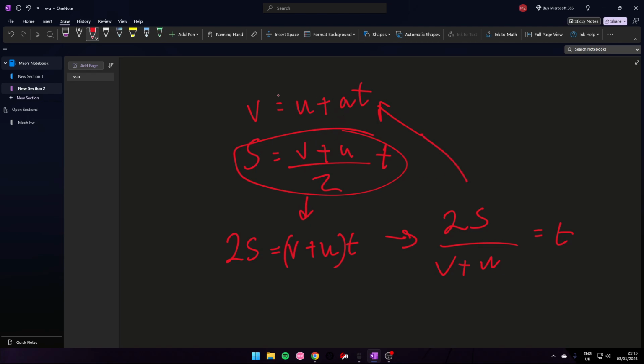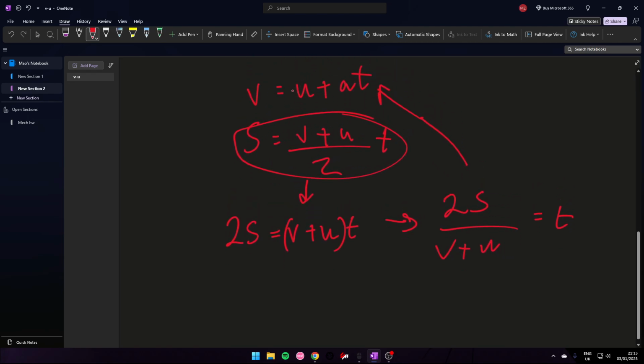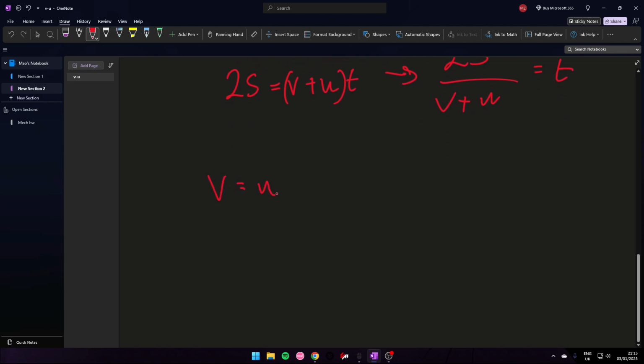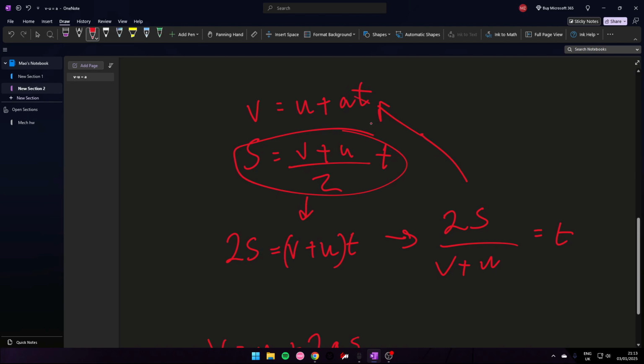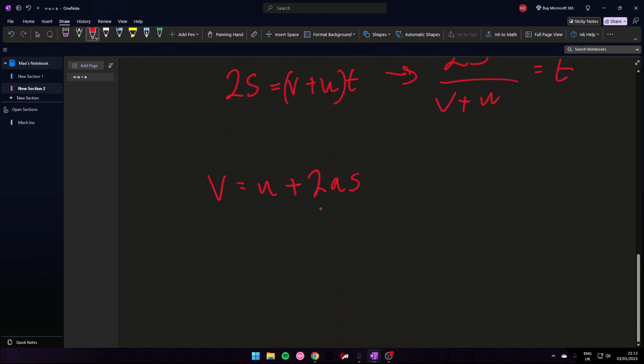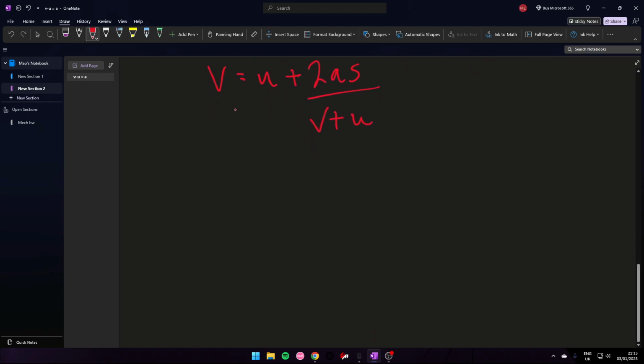Now we're going to place that into the other formula. v is equal to u plus a times 2s over v plus u. Now we're going to rearrange this, and we end up with v squared is equal to u squared plus 2as. That is the third formula.